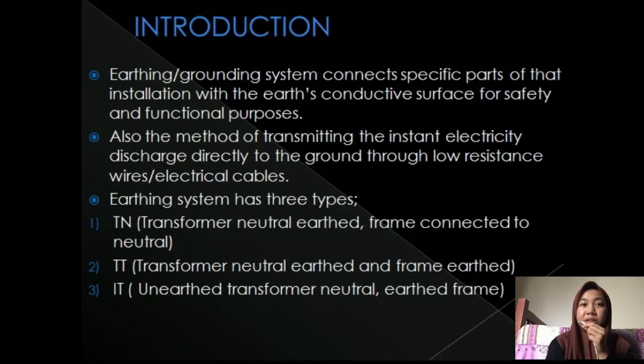Earthing system has three types. First is TN, transformer neutral earth, frame connected to neutral. TT, transformer neutral earth and frame earth. IT, unearthed transformer neutral, earth frame.